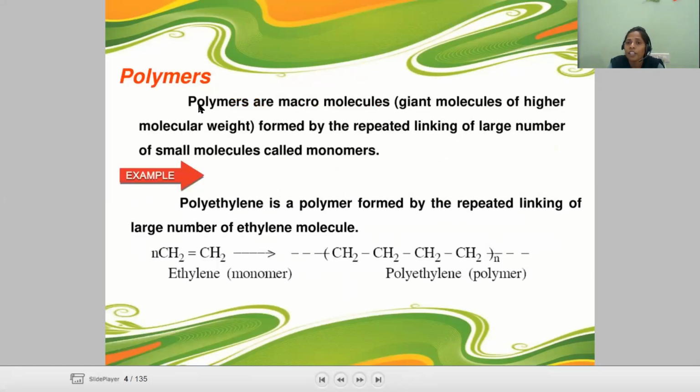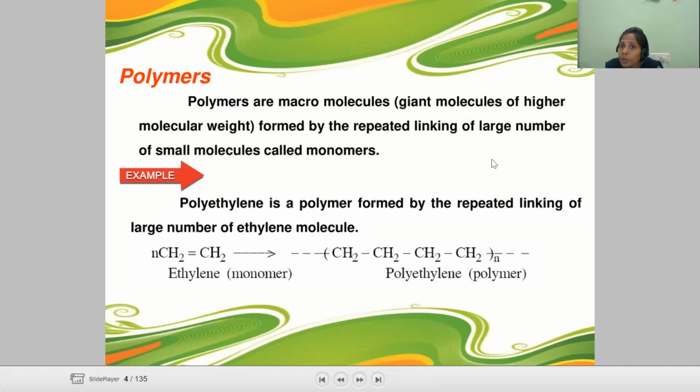Let us see the definition of polymer. Now, maybe you have an idea how the polymer is synthesized. What is a polymer? A macromolecule which is formed by the addition of a large number of smaller molecules. What are the smaller molecules here?